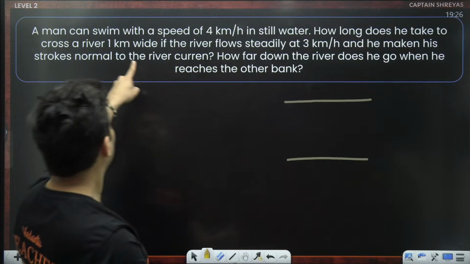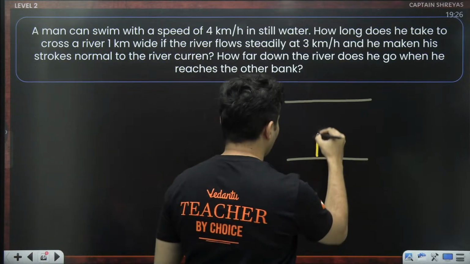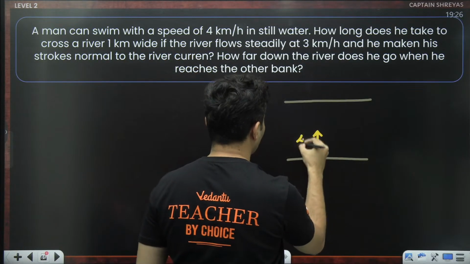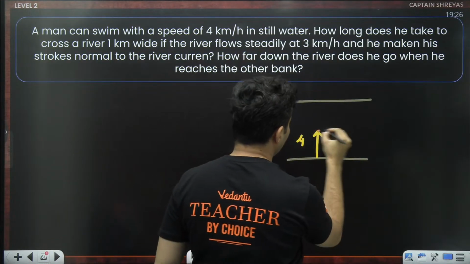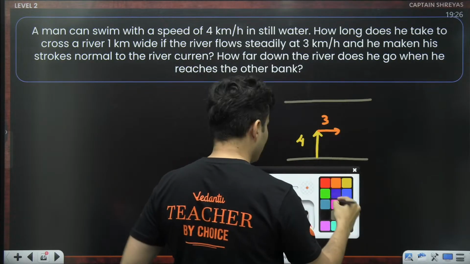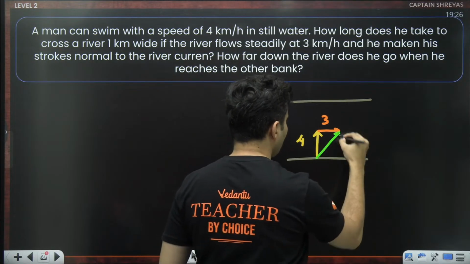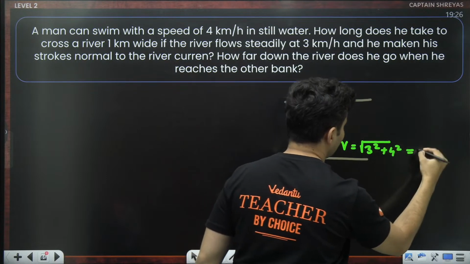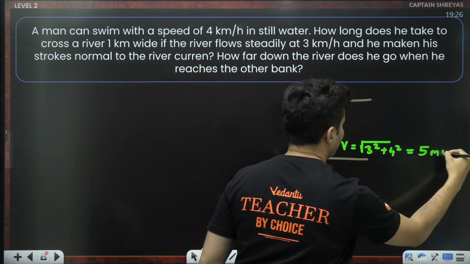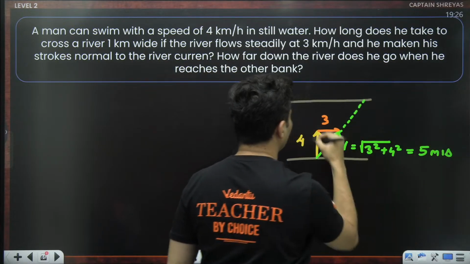His velocity is basically 4. River velocity is basically 3. So his resultant V will be root of 3 square plus 4 square, which is 5 meters per second. So we'll end up going here.